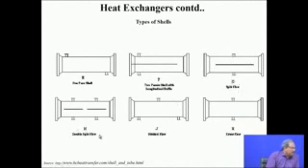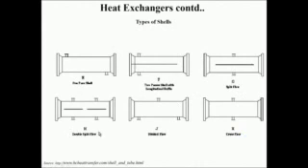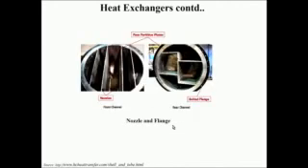Similarly, you may have double split flow, you may have a divided flow where the liquid is going to come over here and then it is going to divide into two, and instead of just one pass, you may have a cross flow of the shell side fluid over the tubes which are laid perpendicularly to the direction of the flow.